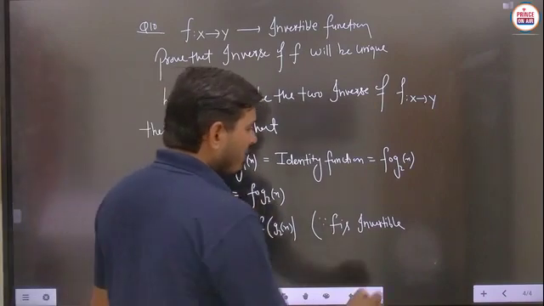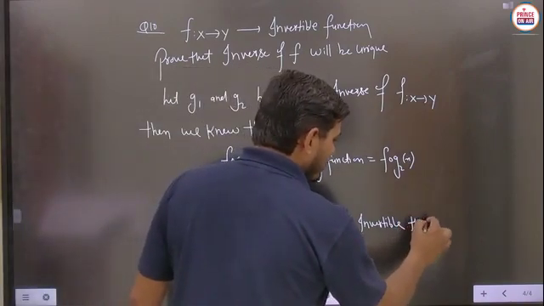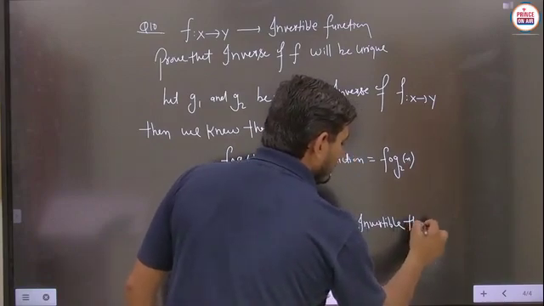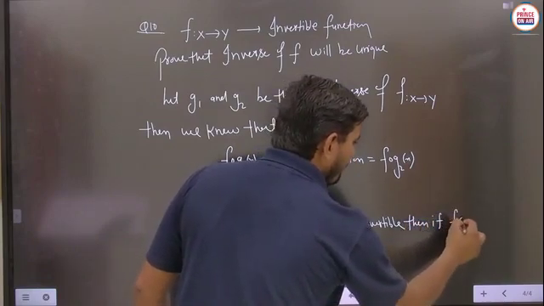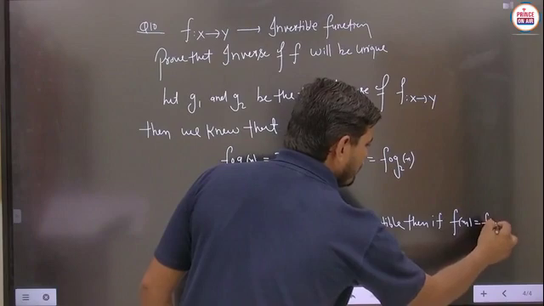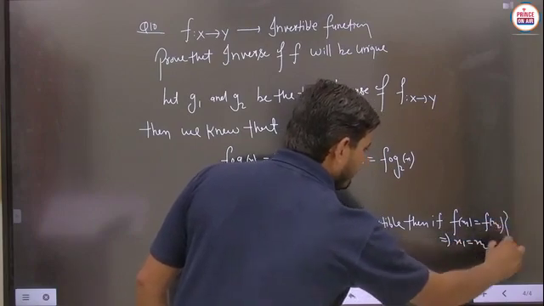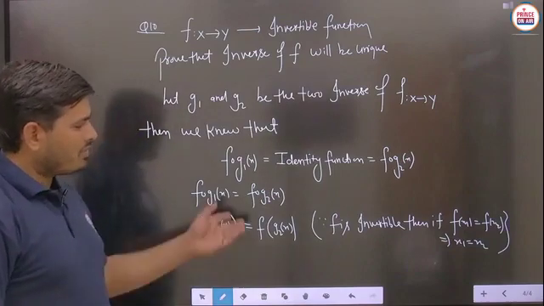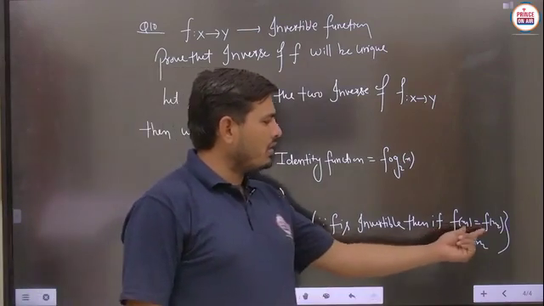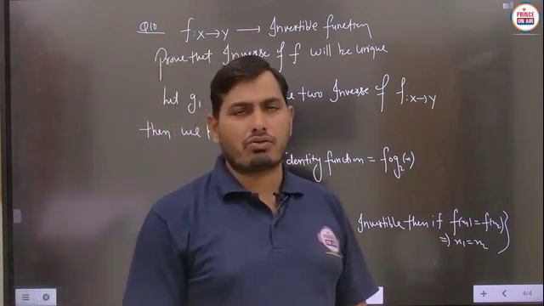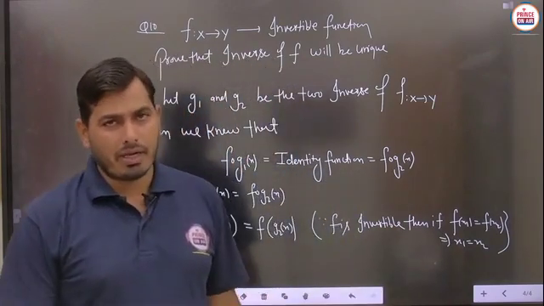F is invertible. Then if f of x1 equals f of x2 implies that x1 equals x2. This condition we have to use here. Suppose f is an invertible function, then if f of x1 equals f of x2, then x1 equals x2, because the condition of one-one will be satisfied here.